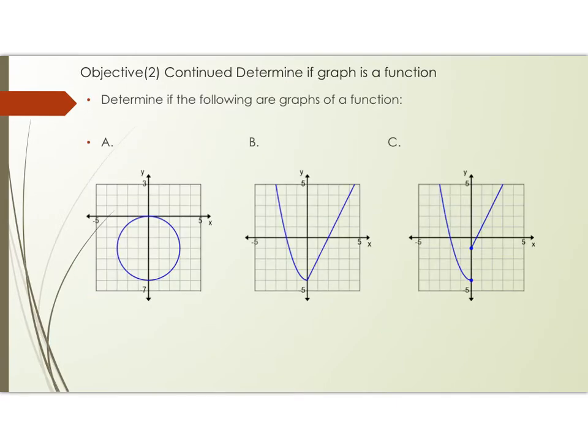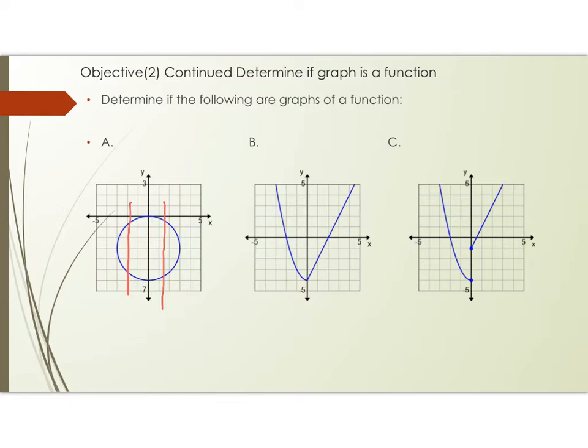So now we're also going to determine if the following graphs are of a function. We'll do number A first, and again we'll put a line through, and we see that no matter where we put the line through on this graph, we're going to get 2 points.